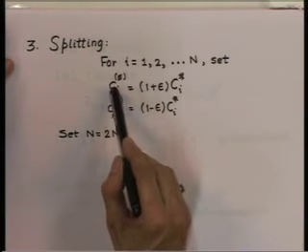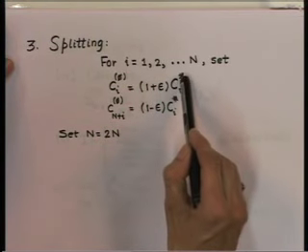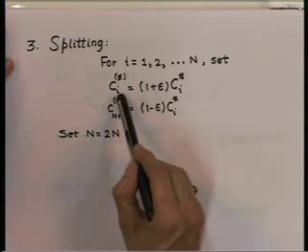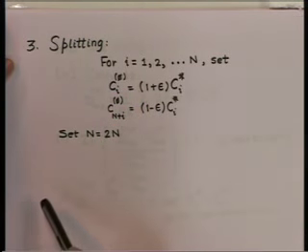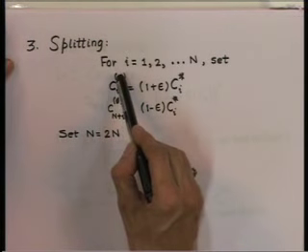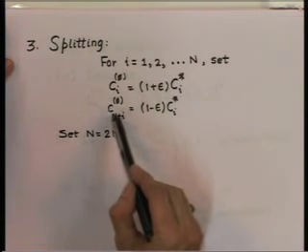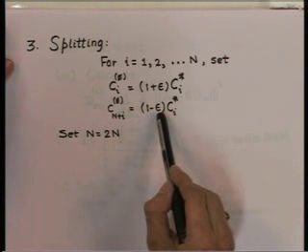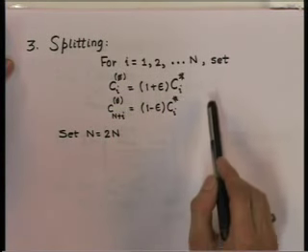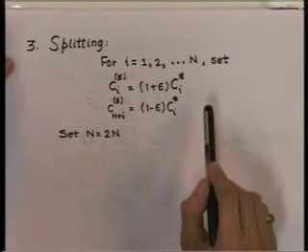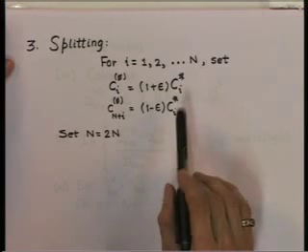We will get C1 0 as 1 plus epsilon C1 star, C3 0 equal to 1 minus epsilon C1 star, and C2 0 equal to 1 plus epsilon C2 star, and C4 0 equal to 1 minus epsilon C2 star.